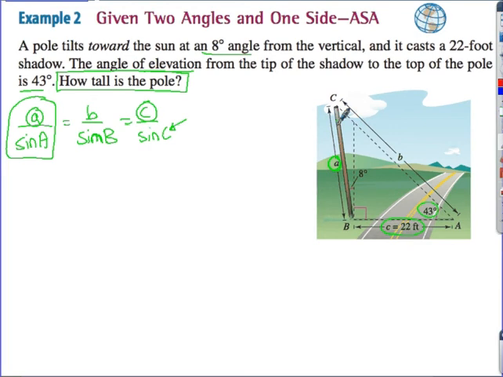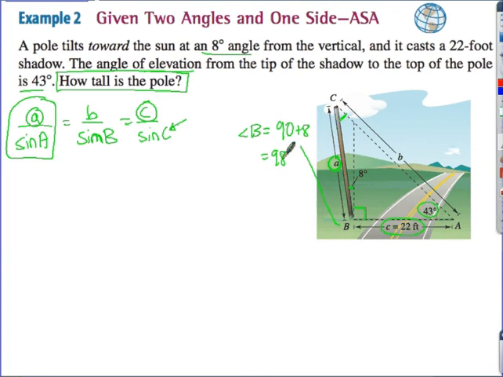Well, we don't know it immediately, but we can actually find it not too difficult, because let's look at angle B here. Angle B is a 90-degree angle because of this square, plus a little bit more of an angle. So actually, B is 90 plus 8. So B is actually 98 degrees.